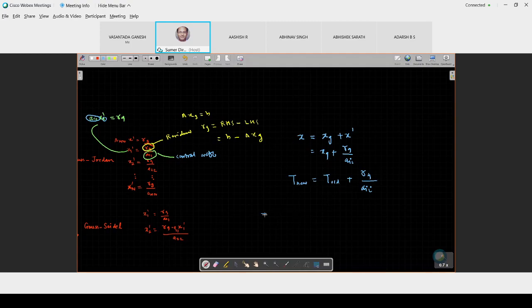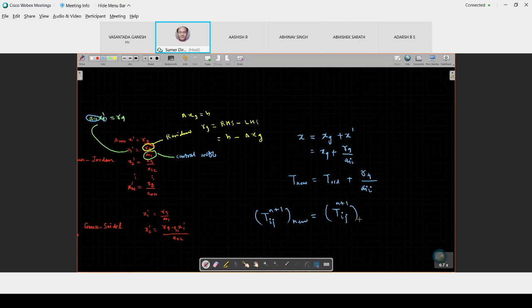So in this particular problem, Tij at n plus 1, which will be the new value, will be equal to Tij old.